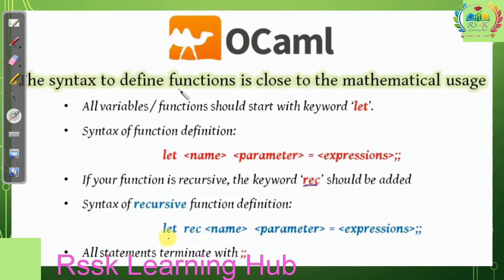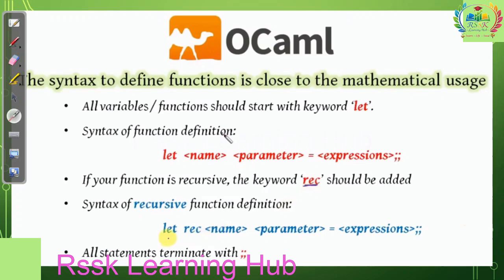Now come to the function part: how to define your function using OCaml. This is the basic procedure. The first point is that all variables or functions should start with the keyword let. Now see the syntax of function definition.